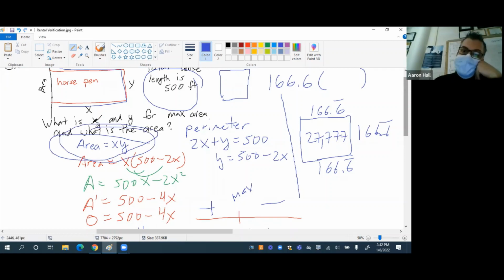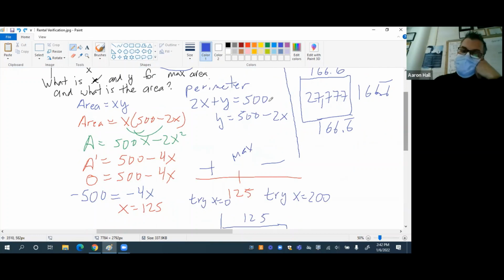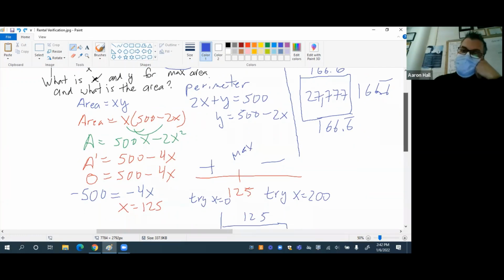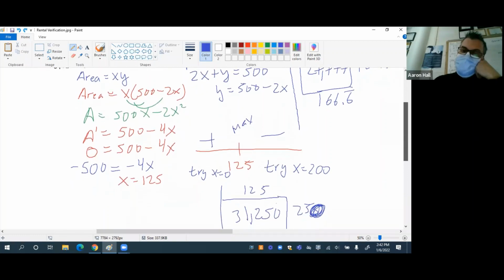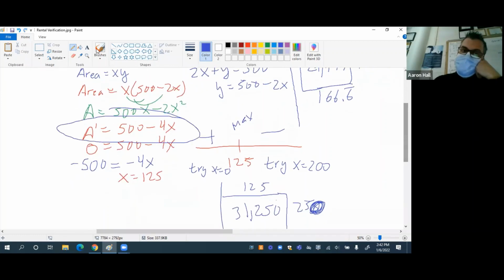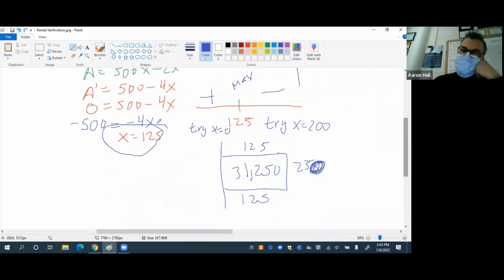But we didn't want to use y, so we used the perimeter equation because we knew it was going to add up to 500 to find y, and substituted that in for y so that we could have our area equation without having y in it. And then we found the derivative of that equation, put in 0 for the derivative and solved for that, and then used the sign diagram to find out that way. Okay.